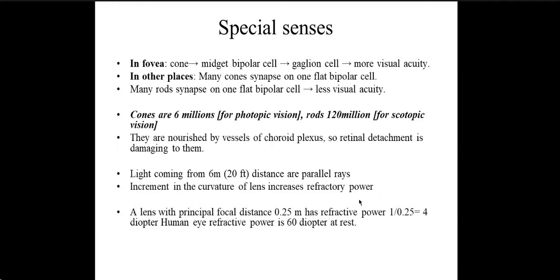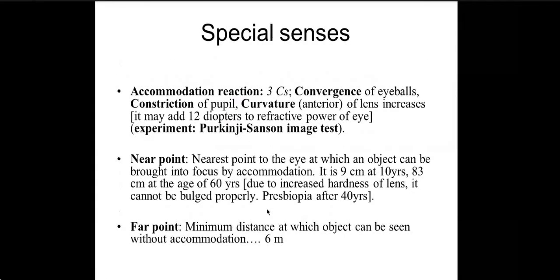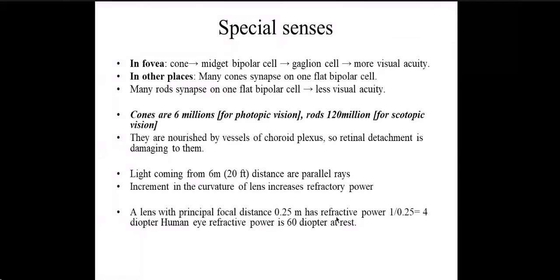A lens with a principal focal distance of 0.25 meter has a refractive power of 1 by 0.25, or 4 diopter. So what is a diopter? 1 by focal distance is called diopter.